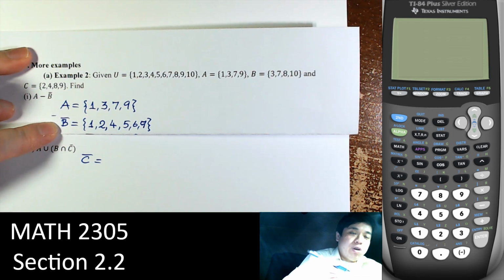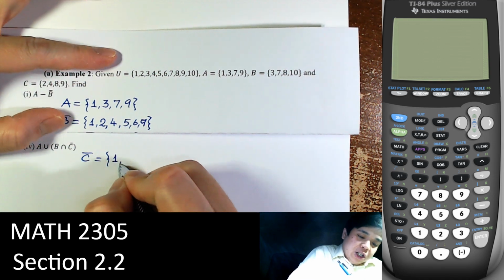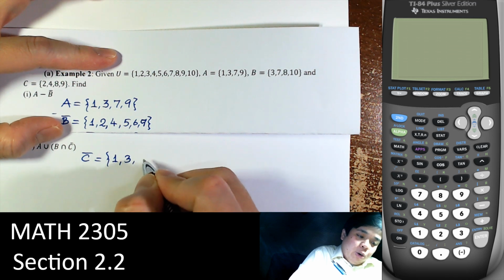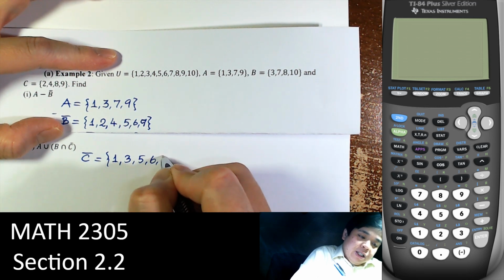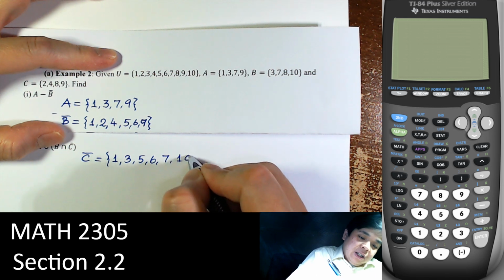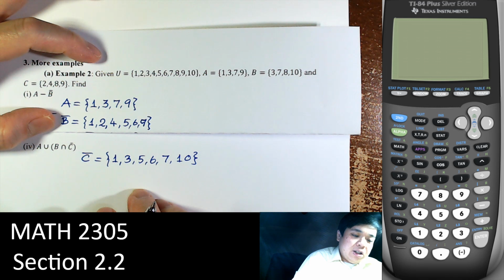Not 2, not 4, not 8, not 9. So the complement of C is 1, 2 is already there, so 3, 4 already there, 5, 6, 7, 8, and 9 already there, so then 10. So that is not C.